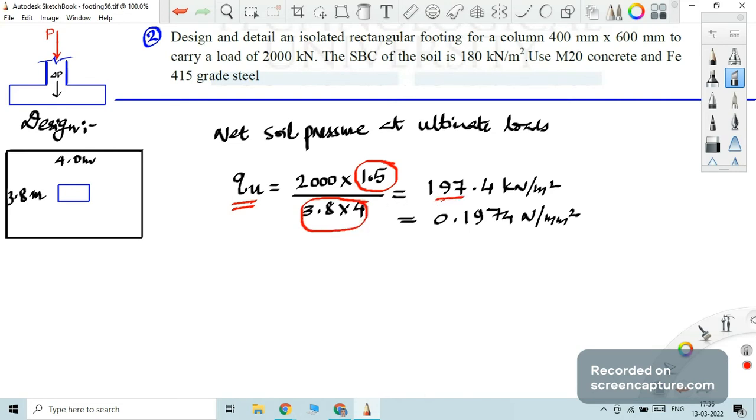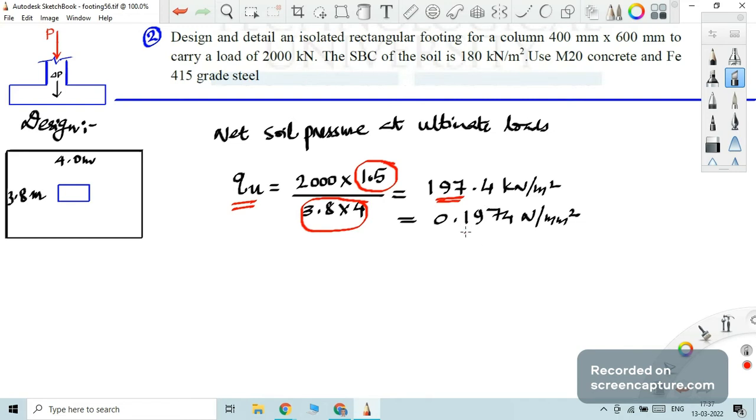So you get 197.4 kilonewton per square meter as the net soil pressure exerted by soil onto the footing, which is an inverted flat slab. Okay, so that UDL, uniformly distributed loading, is acting on the footing slab or footing pad from below.